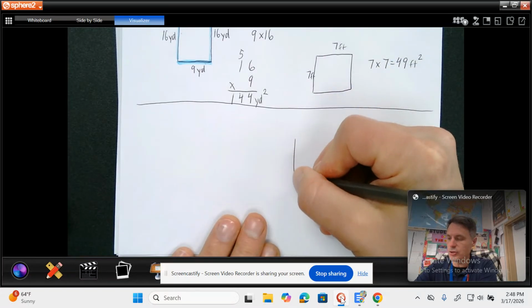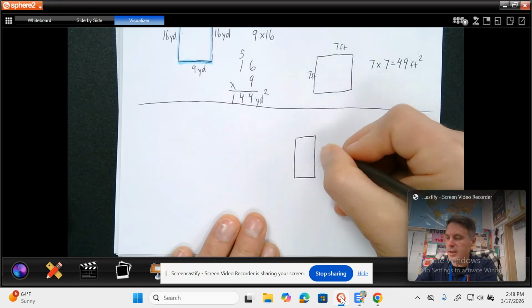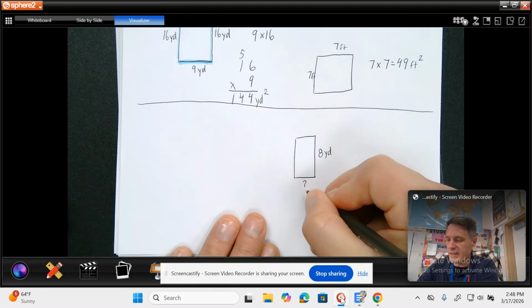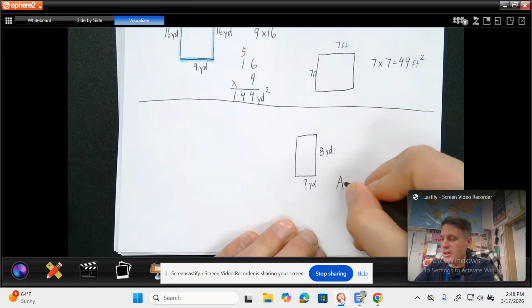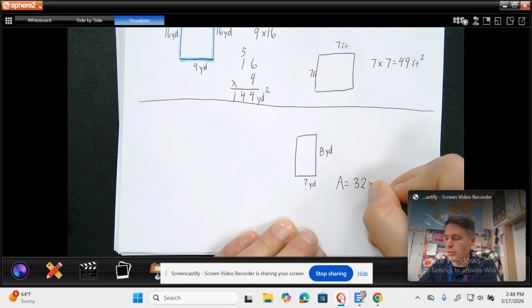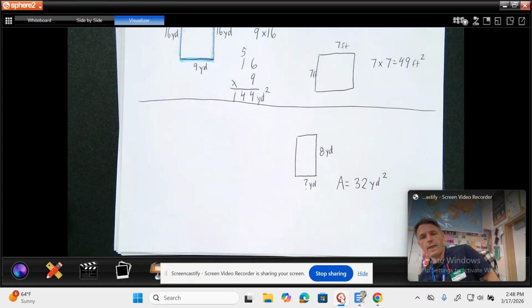Let's say we had a situation like this. Let's say we know this side is 8 yards long, but we don't know what this side is, okay? It's unknown yards long. But we know that the area of this entire rectangle is 32 square yards, or 32 yards squared.